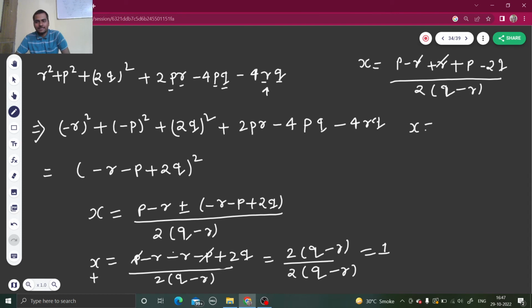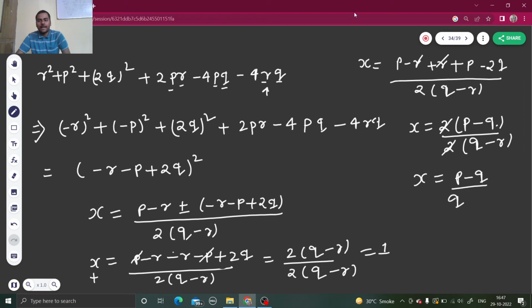So x, if I take 2 common, is p minus q divided by 2 times q minus r. So this is what I was telling. The other root is p minus q divided by q minus r. So this was the formality, one root being 1 and the other was this.